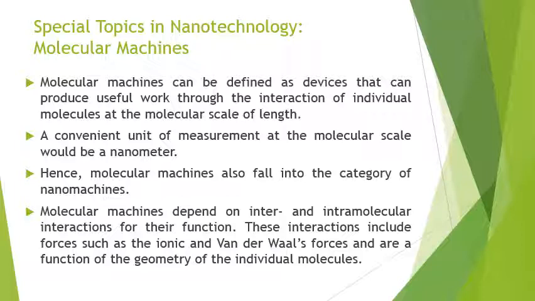Hence, molecular machines also fall into the category of nano machines. Molecular machines depend on inter and intramolecular interactions for their function. These interactions include forces such as the ionic and van der Waals forces and are a function of the geometry of the individual molecules.